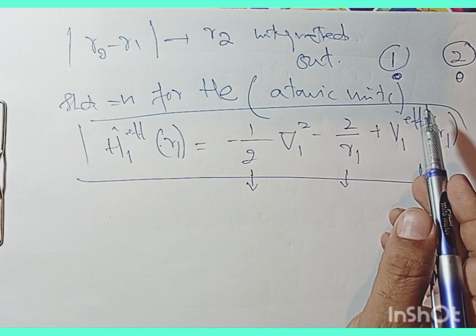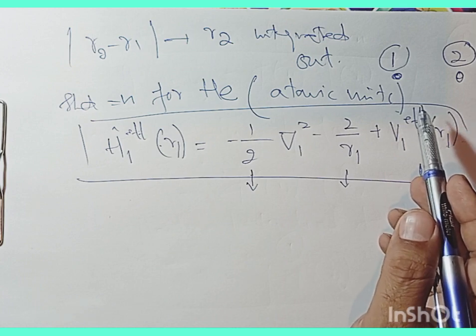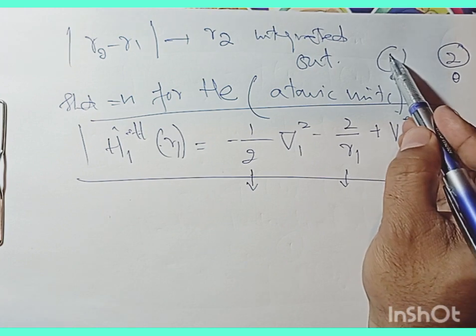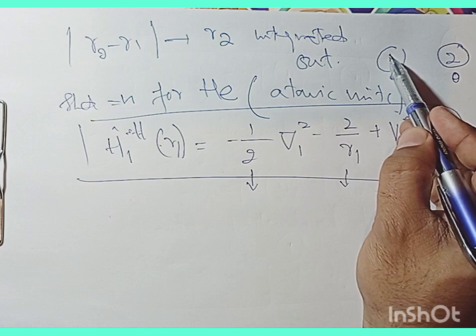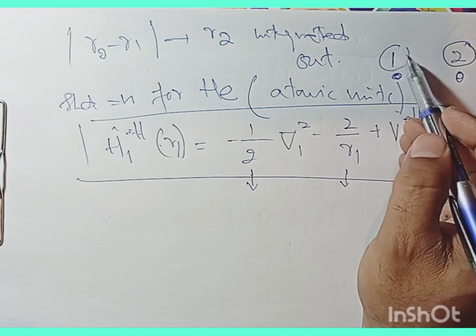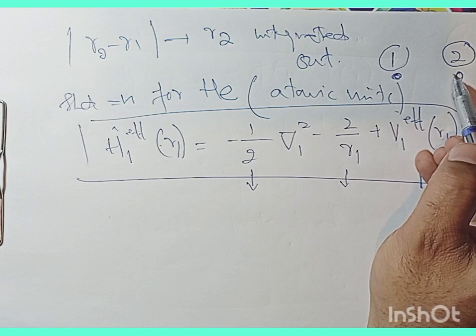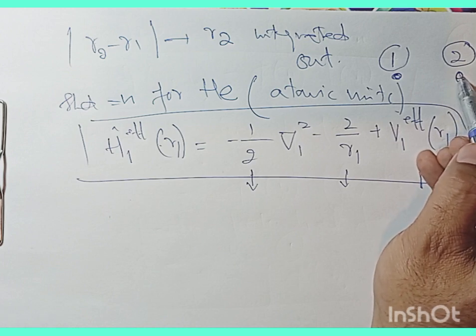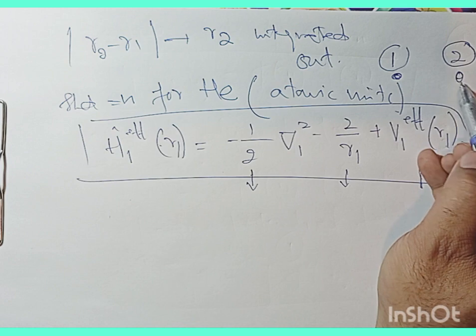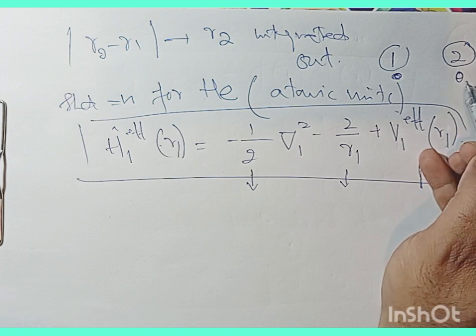The first electron will only see the average of the second electron. It will not see anything instantaneous from electron 2. That's the difference here.